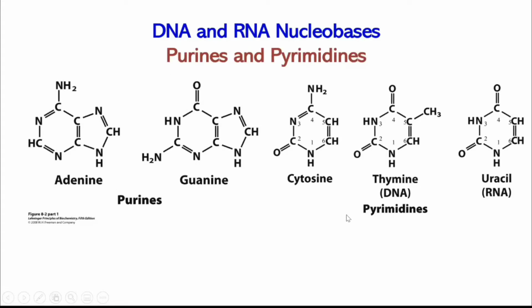The way to remember that, everyone, is that pyrimidine has a Y, and cytosine and thymine have a Y in them. So this Y is how we remember that cytosine and thymine are pyrimidines, and uracil is also a pyrimidine because it is similar to thymine.